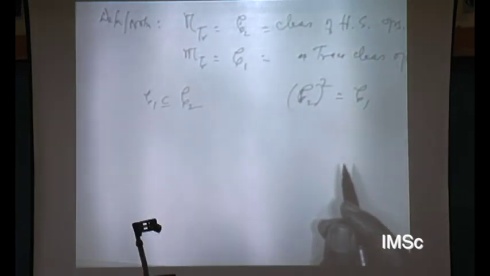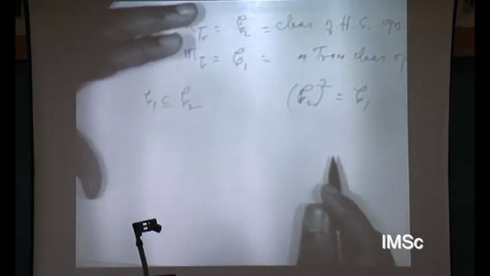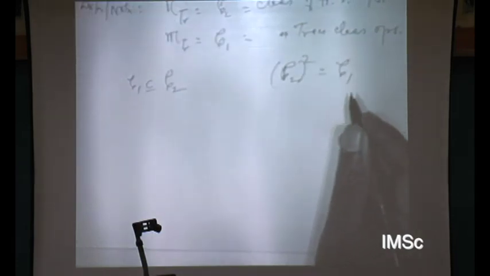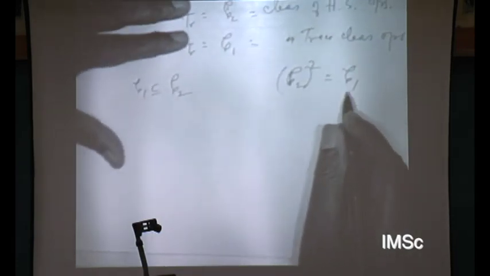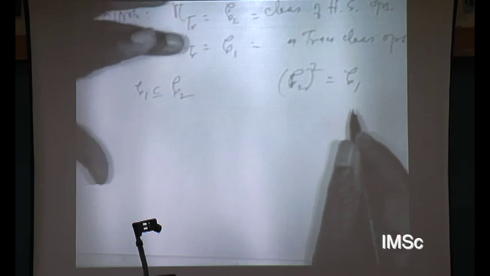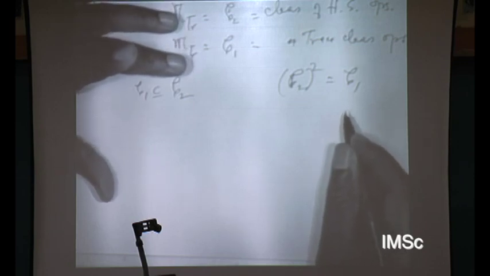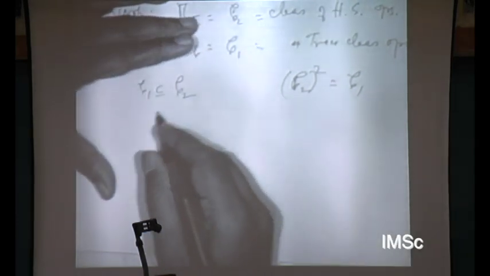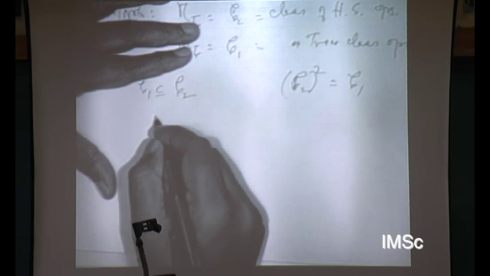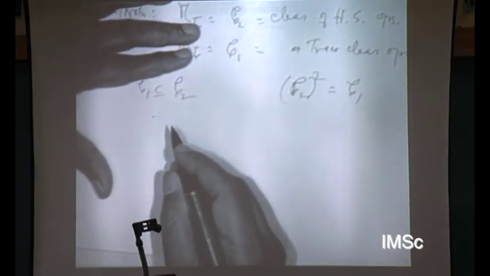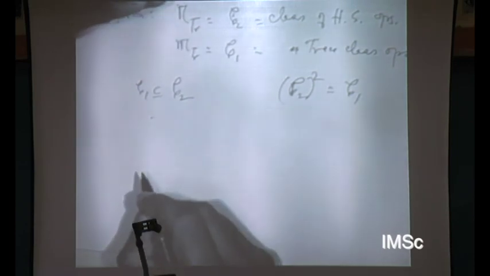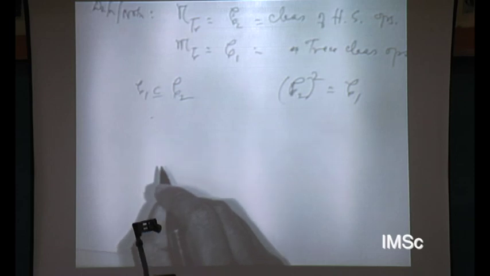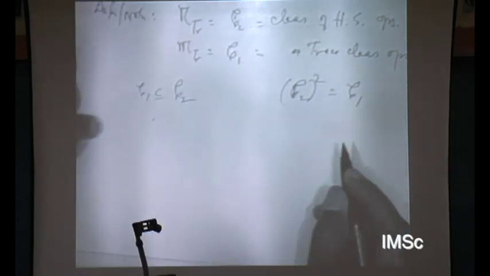Okay. One of the simplest ways to do it. Now C1 is an ideal; we know that C1 is an ideal. C2 is an ideal, but I'm saying C1 is also an ideal.